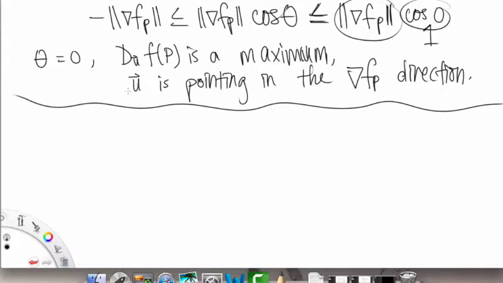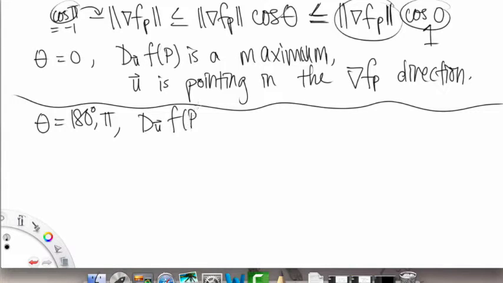Another case is when we have theta equaling 180 degrees or pi, right? Then we get the opposite: cosine theta would be cosine pi, which gives us -1, okay? So then we see that our directional derivative is a minimum. That's the most negative it can get, okay?